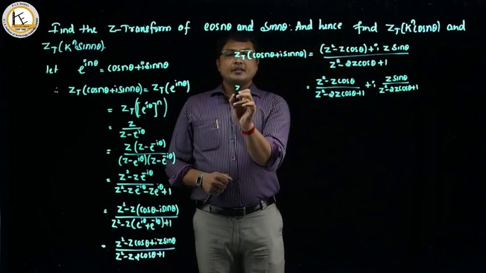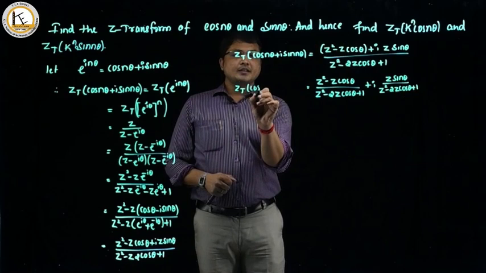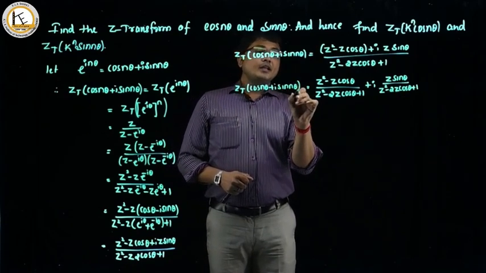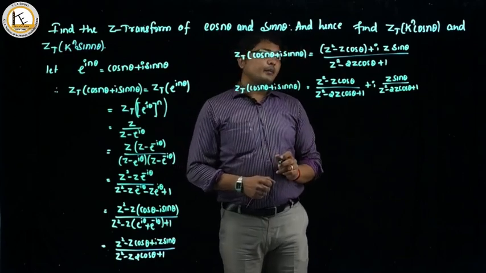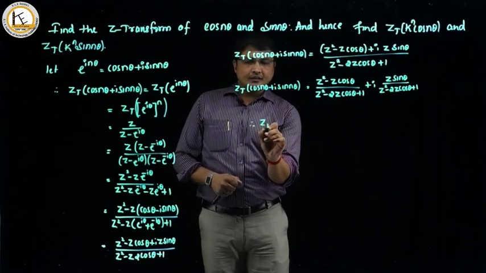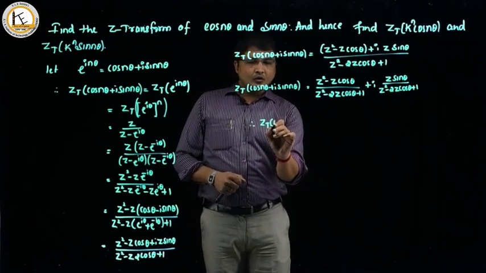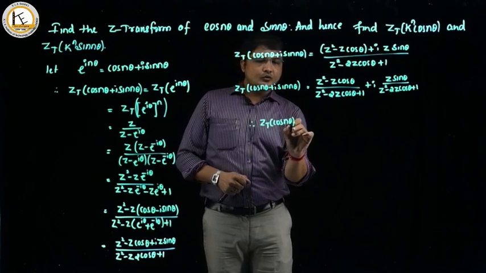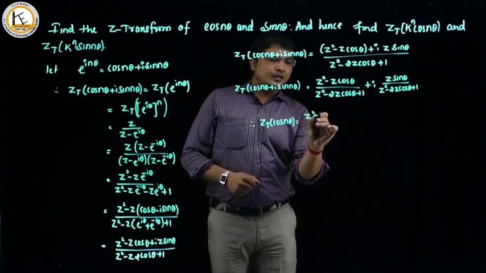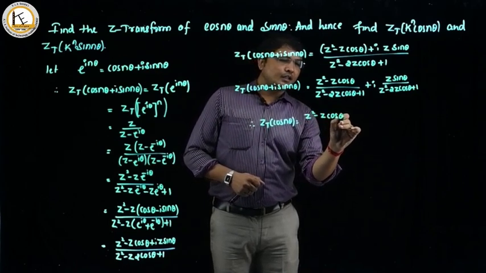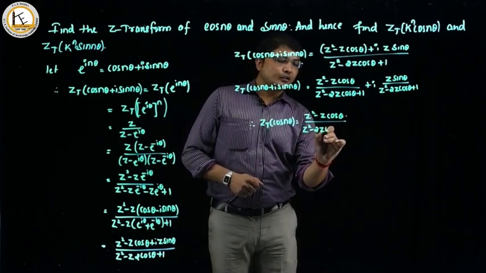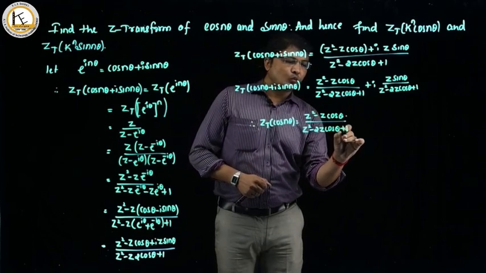So definitely here we have the z transform of cos n theta plus i sin n theta. Now equating the real part and imaginary part from the left hand side and right hand side, we have the z transform of cos n theta is equal to, obviously this is the real part, z square minus z into cos theta divided by z square minus 2z into cos theta plus 1.